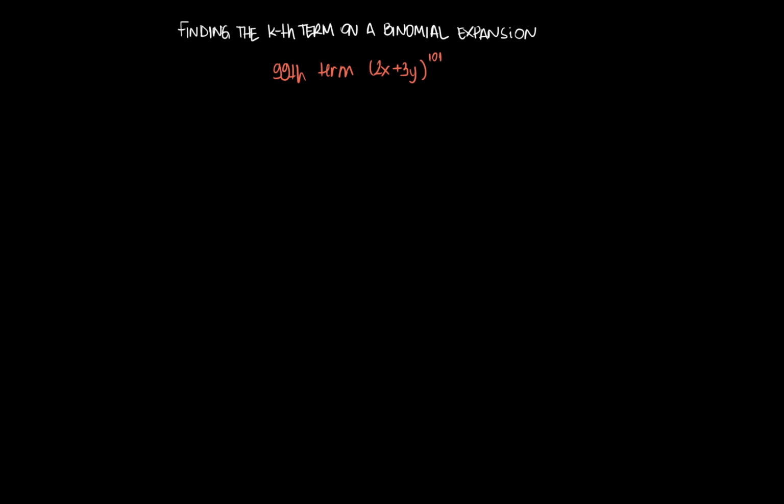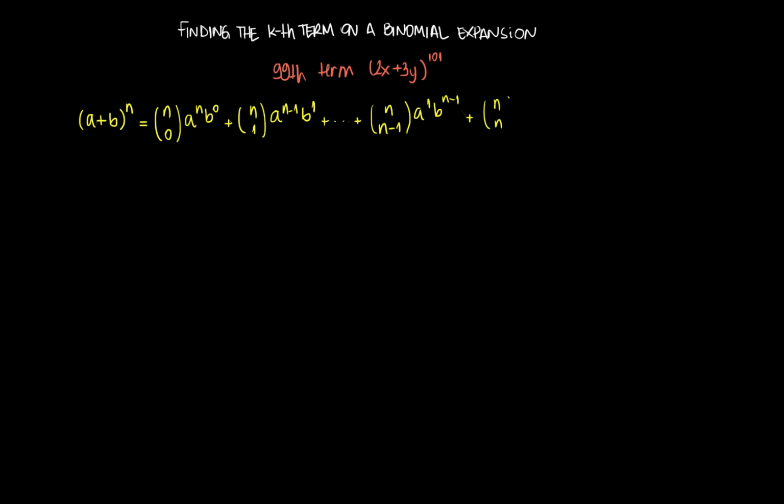Just to review some basic concepts, the binomial expansion of (a + b) to the power of n is equal to n choose 0, a to the power of n, b to the power of 0, plus n choose 1, a to the power of n minus 1, b to the power of 1, plus dot dot dot, plus n choose n minus 1, a to the power of 1, b to the power of n minus 1, plus the last term, n choose n, a to the power of 0, and b to the power of n.